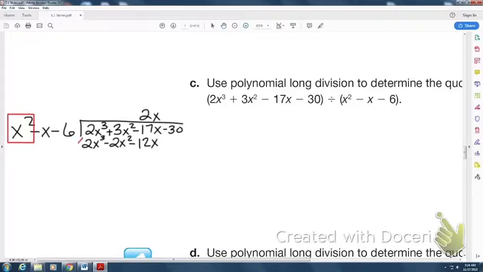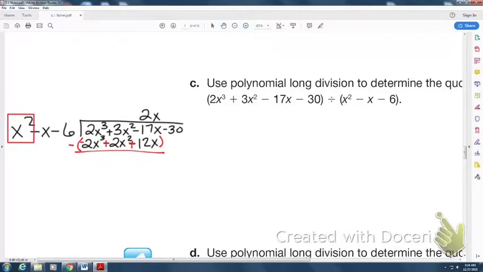After multiplying, I'll need to subtract. And remember, that subtraction, I'm subtracting the whole polynomial, so that is going to change the sign of everything in there. Now, you can either physically change the signs, or once you get used to the rhythm of these kind of problems, a lot of people can just look at it and know that they're going to do the opposite sign.